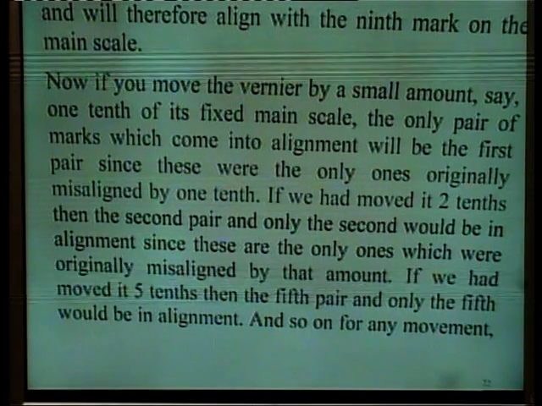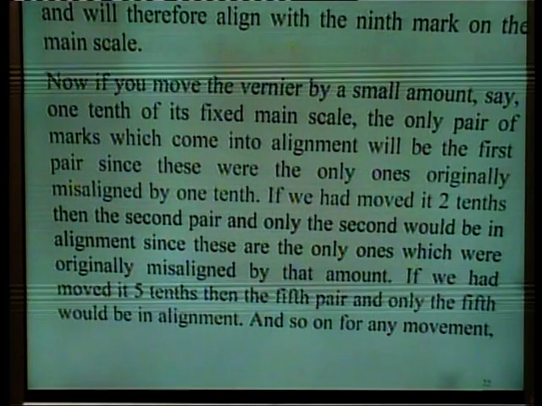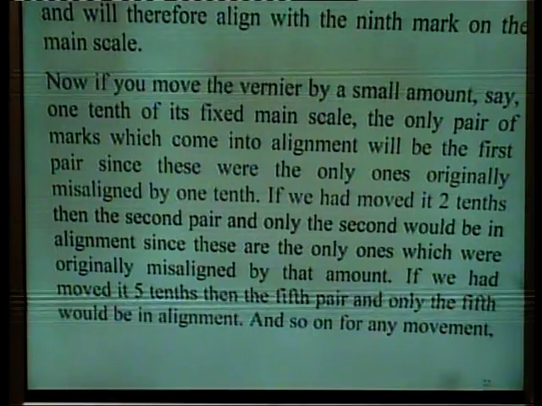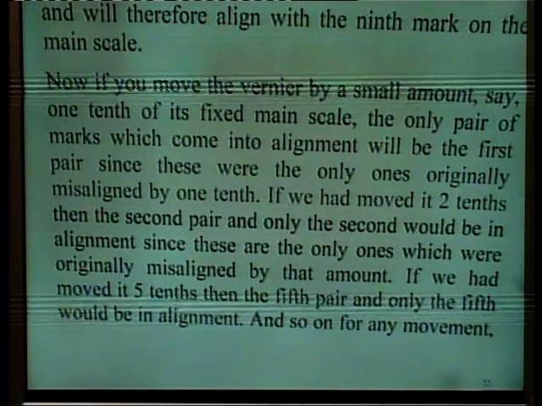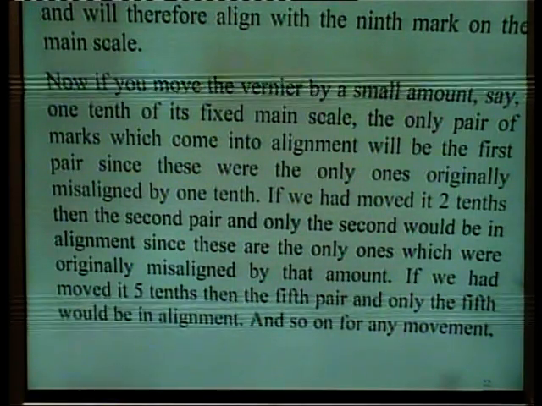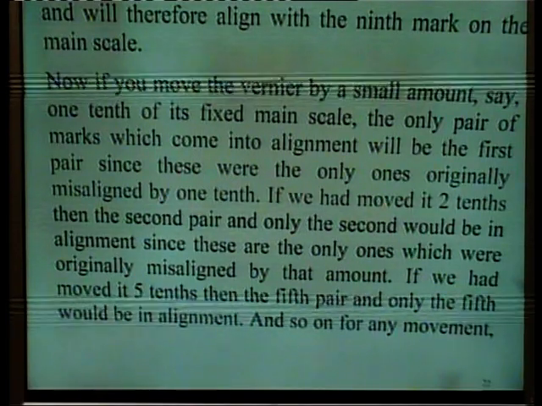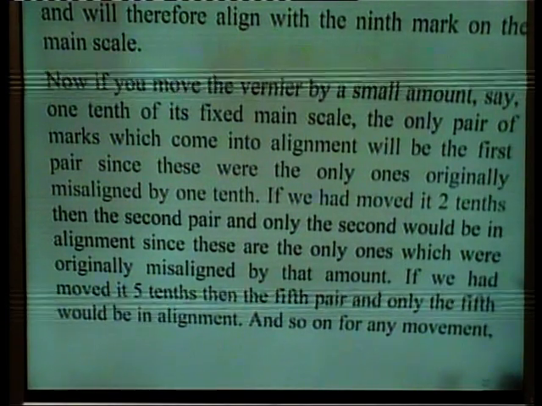If we had moved it 5/10, then the fifth pair and only the fifth would be in alignment, and so on for any movement. Only one pair of marks will be in alignment, and that pair will show the value of the small displacement.